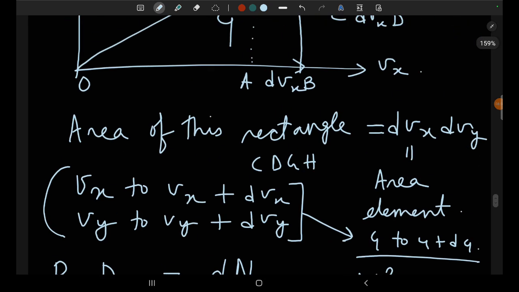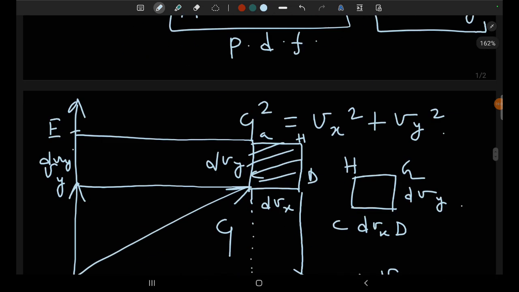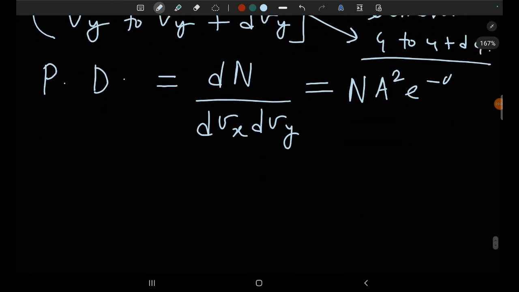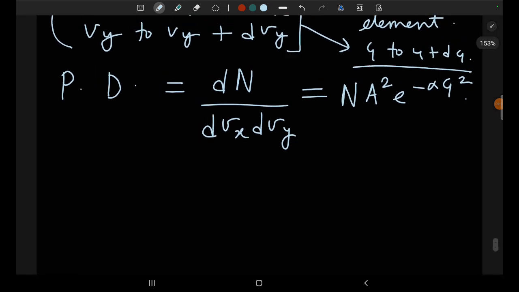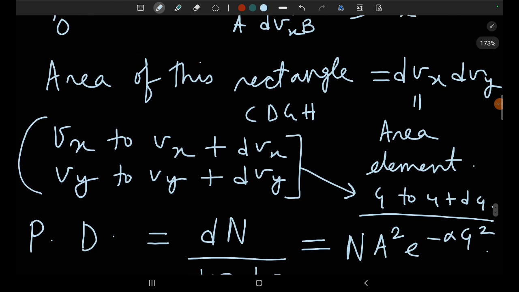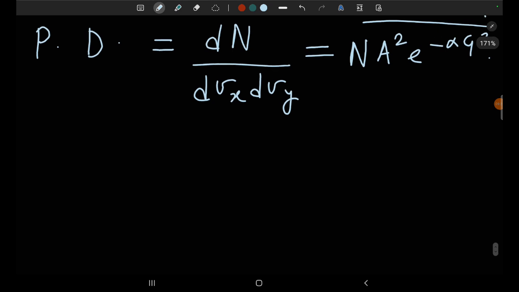Actually this point density can be arrived at equally from here: this was n a squared e to the power minus alpha c1 squared. So this point density was the number of velocity vectors that lay in this small rectangular region, right?